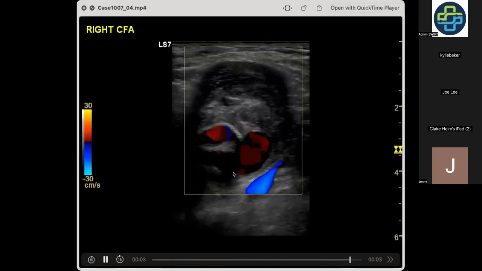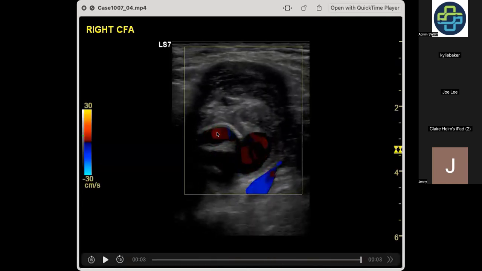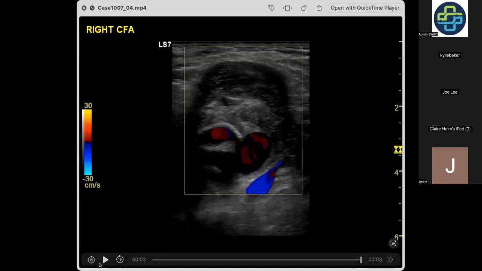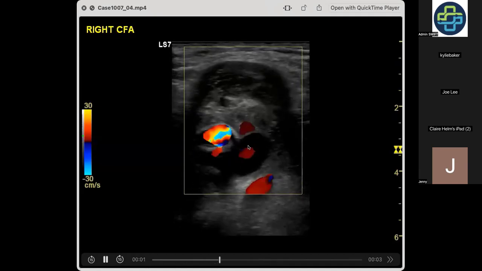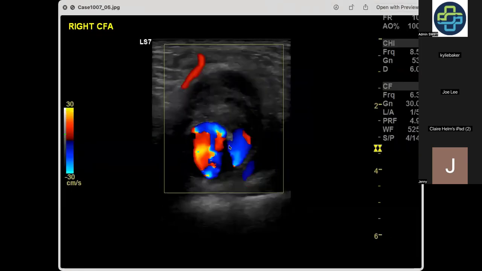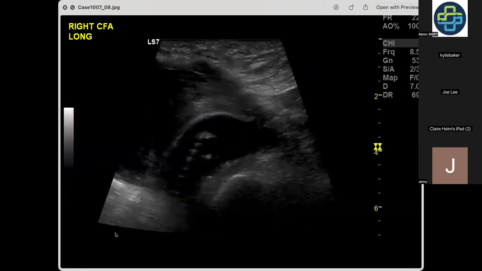Again, we were talking about looking for color flow outside the stent. Well, that's color flow inside the stent, so that's good. Meant to have that. But this bit here is definitely outside the stent, and so not where we would expect to see it. And if we look longitudinally, I think that makes it more visible.